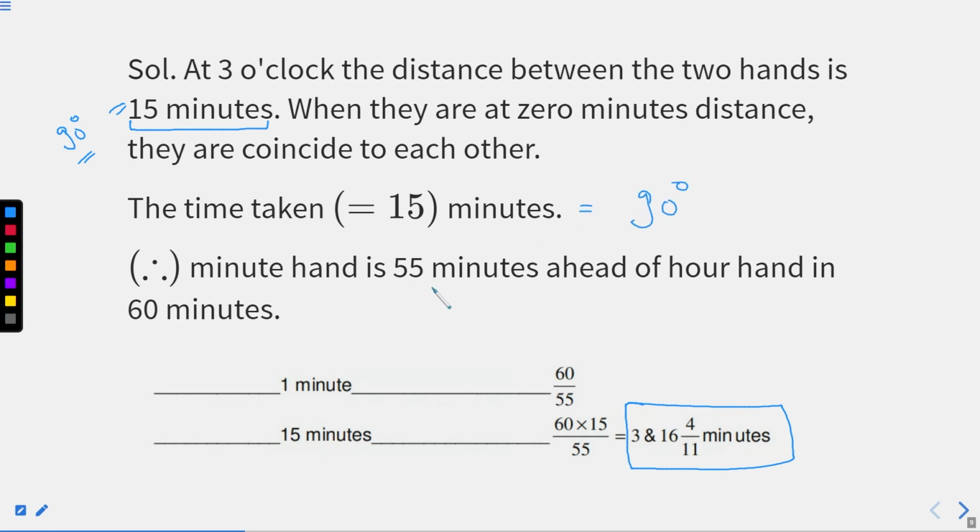And in 55 minutes, the hour hand and the minute hand cover a distance of 55 minutes in 60, right? So in 1 minute it will cover 60 upon 55, and in 15 minutes it will cover 60 multiplied by 15 by 55. This is another method.